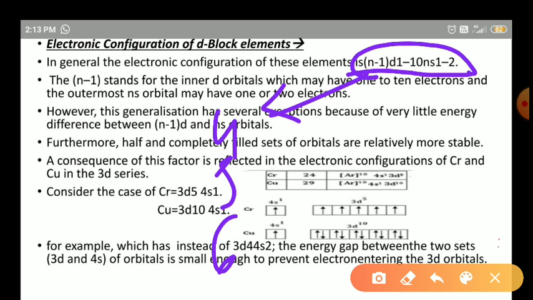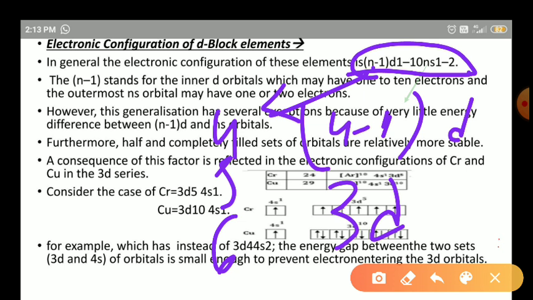So it means if in place of n you use 4, it means it is the 3d orbitals. In place of n, if you use 5, it becomes 4d orbitals, and in place of n, if you use 6, then it is the 5d.